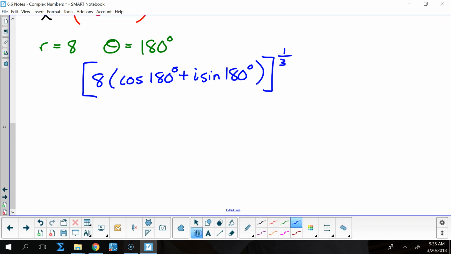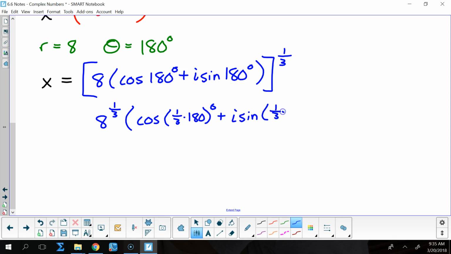R to the 1/3. So that's 8 to the 1/3 power times the cosine of 180 times 1/3 plus i times the sine of 180 times 1/3.